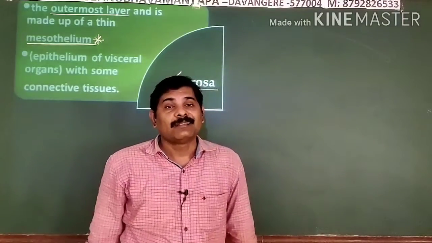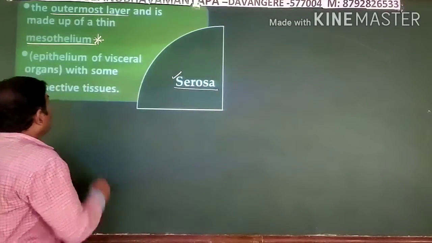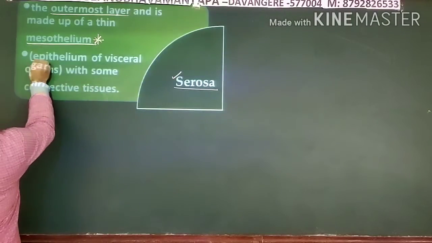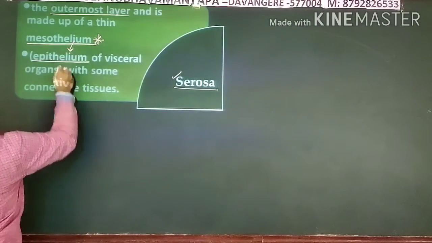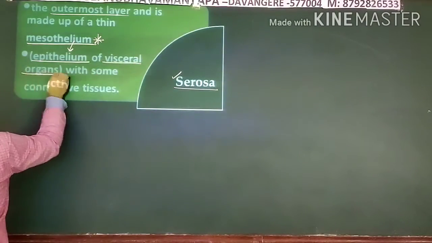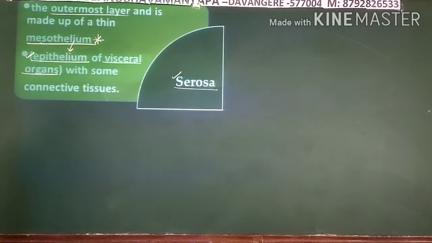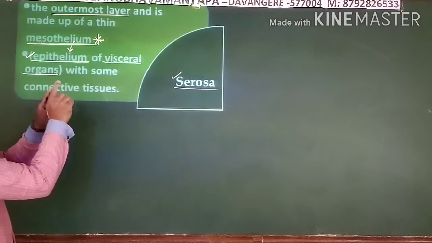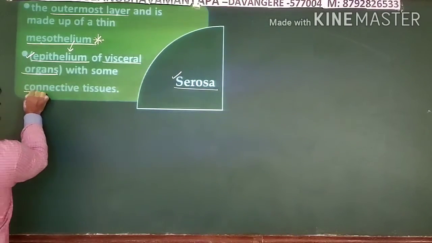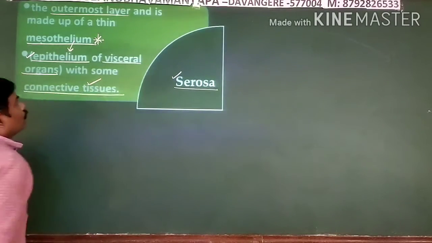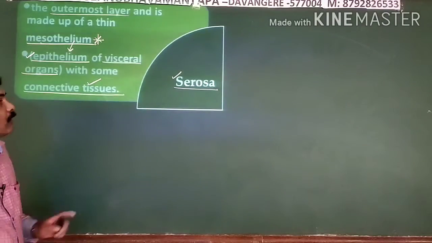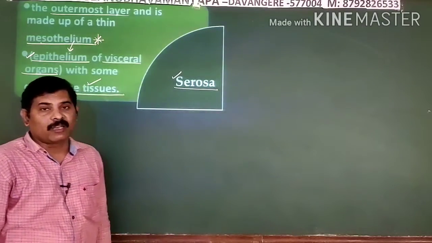The layer that covers the visceral organs is generally known as epithelium, but in this case it is known as mesothelium. And this layer is also made up of connective tissue. Point clear? Right, this is about the first and outermost layer.